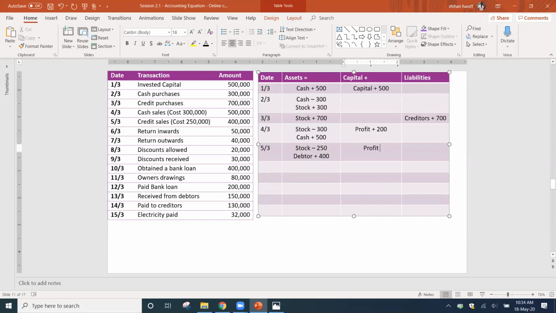This will give you a profit of 150. There's one thing I want to give. Return inwards, right cost.